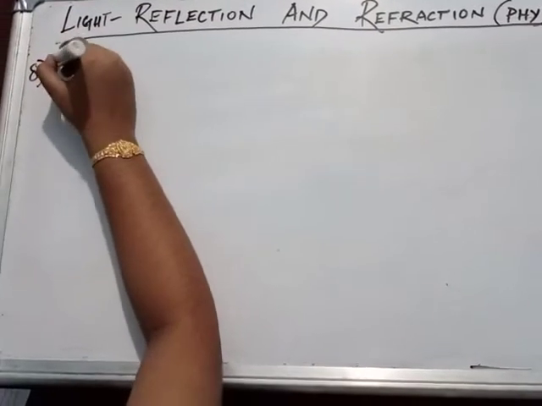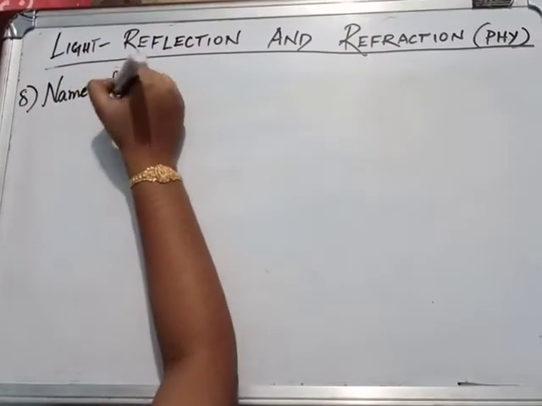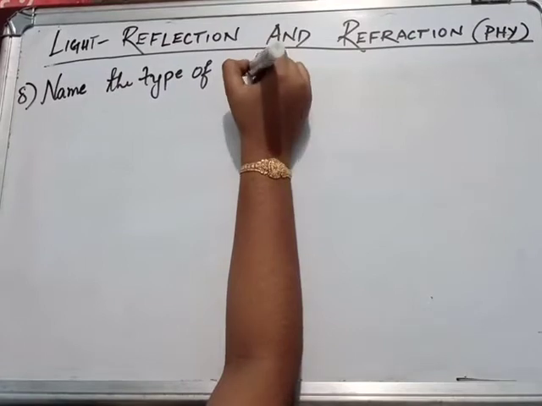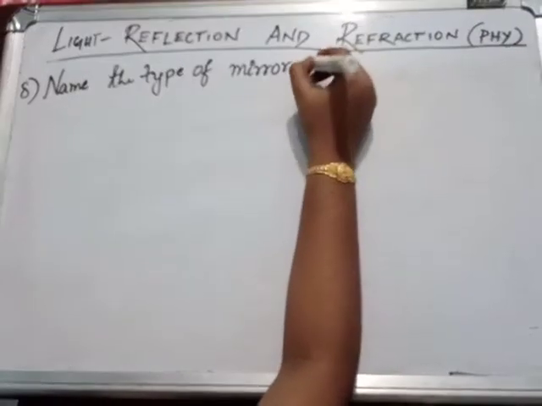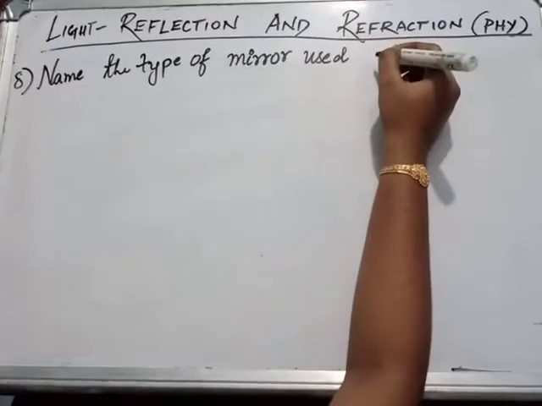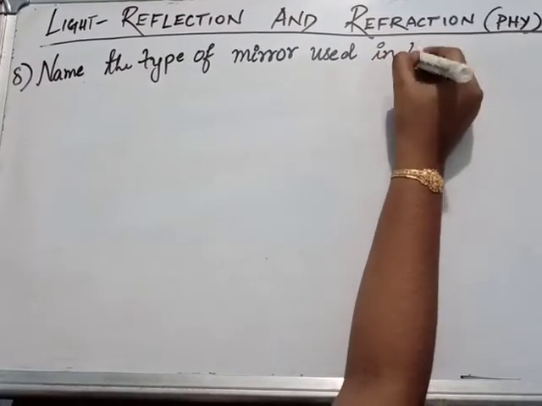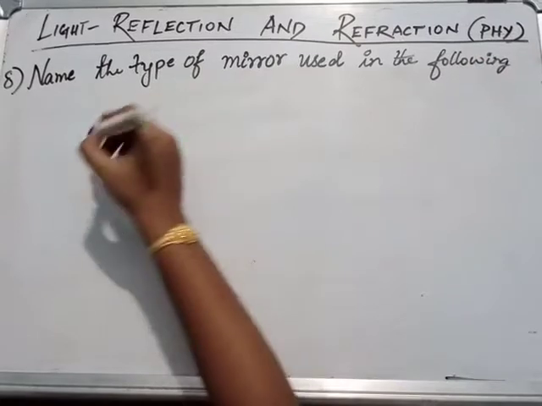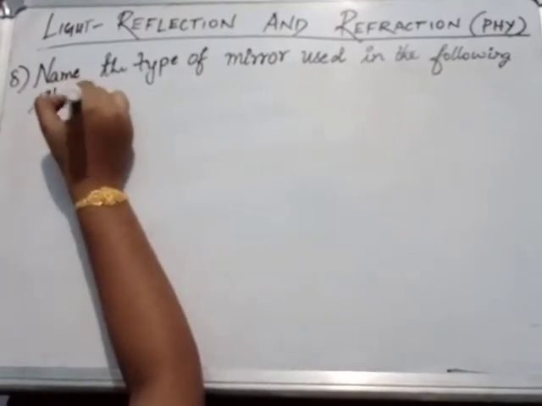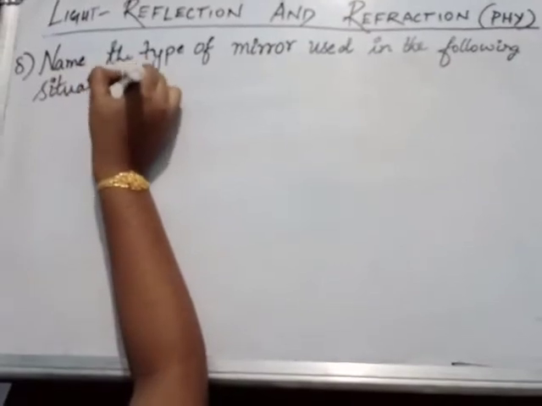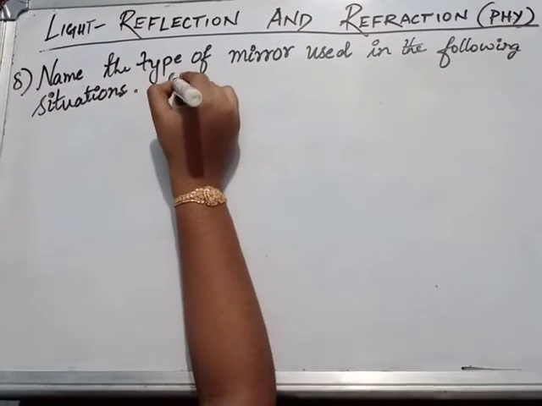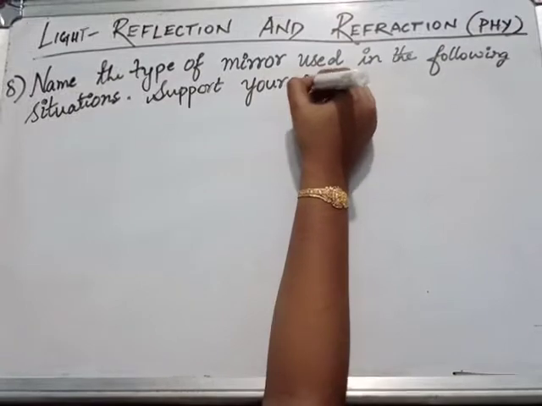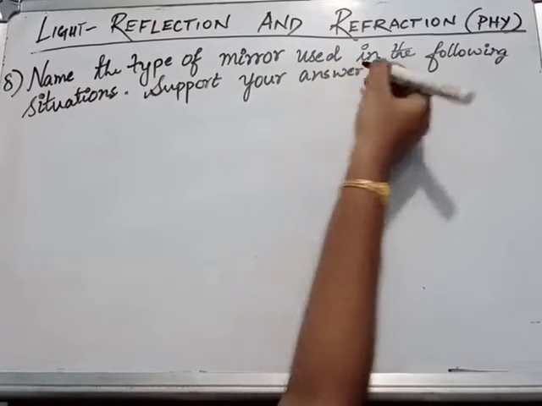The question is, name the type of mirror used in the following situations, and support your answer with reason.